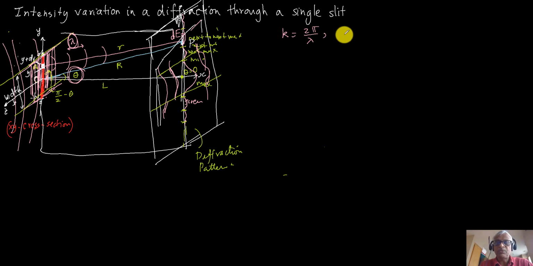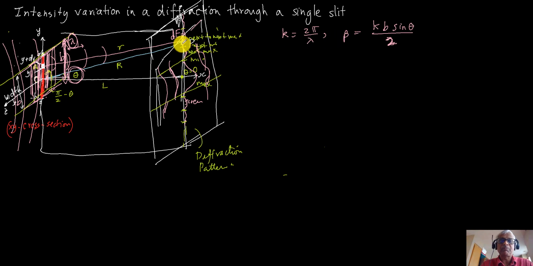I'm going to define a quantity beta, which will be k times the slit width b, times sine theta, over 2. I'm going to define this quantity because it turns out this is the quantity that comes up. Instead of theta, you have beta.